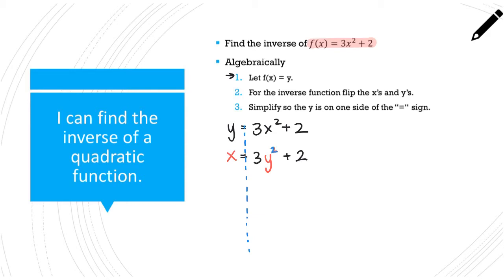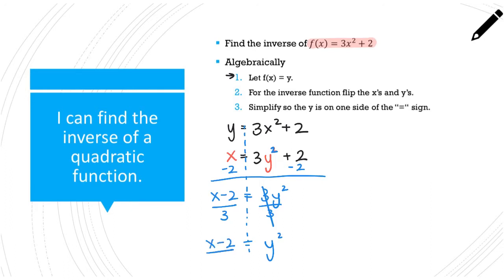So we're going to still do the same process. I'm going to try to get the y by itself, and I'm going to subtract 2 to start with. Now, much like we did last unit, if I have a 3 in front of the y squared, I want to get that away and gone, so I am still working on getting the y squared by itself.